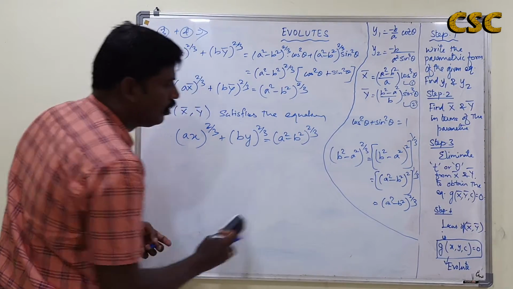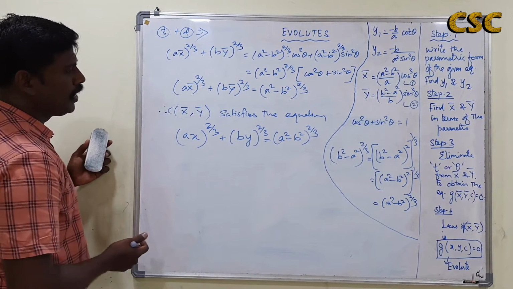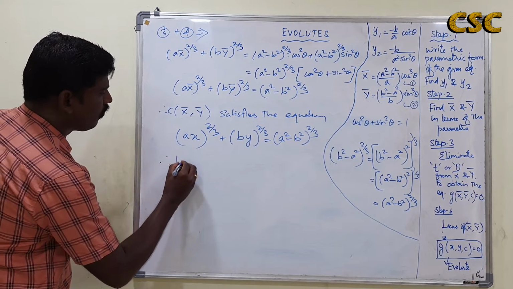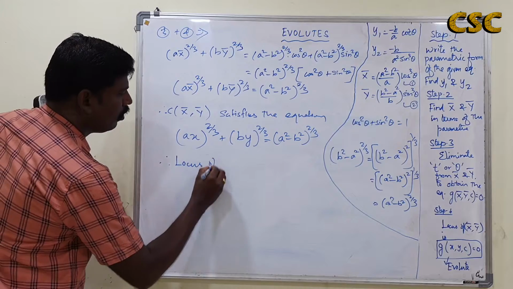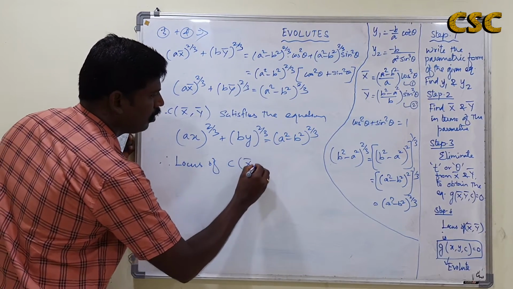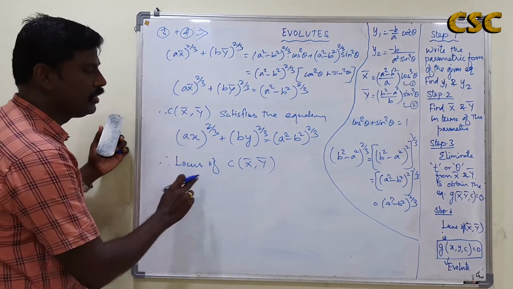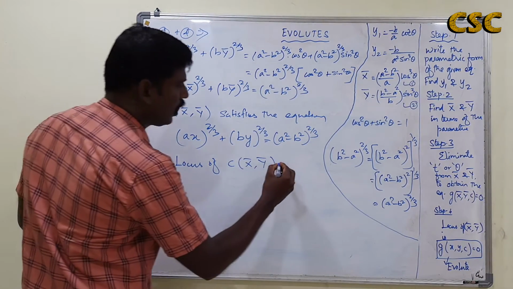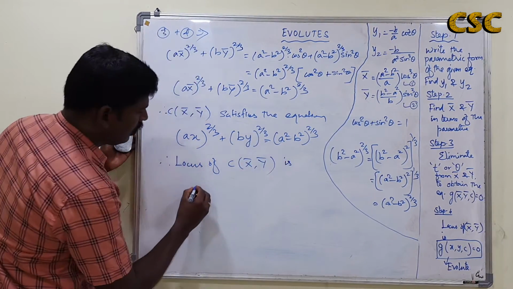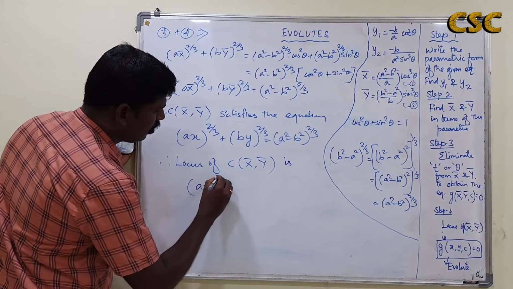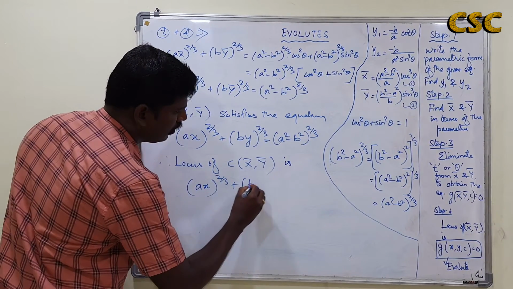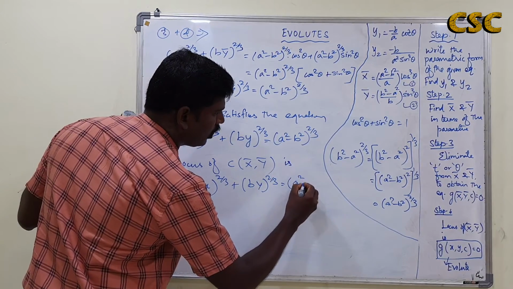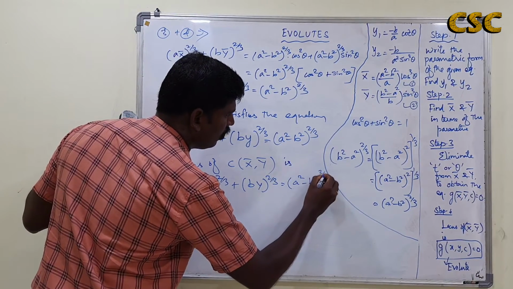What is the given curve? x square by a square plus y square by b square equal to 1. Therefore, the locus of C. What do you mean by locus? The point traced by the center of curvature x bar comma y bar is a x power 2 by 3 plus b y power 2 by 3 equal to a square minus b square power 2 by 3.